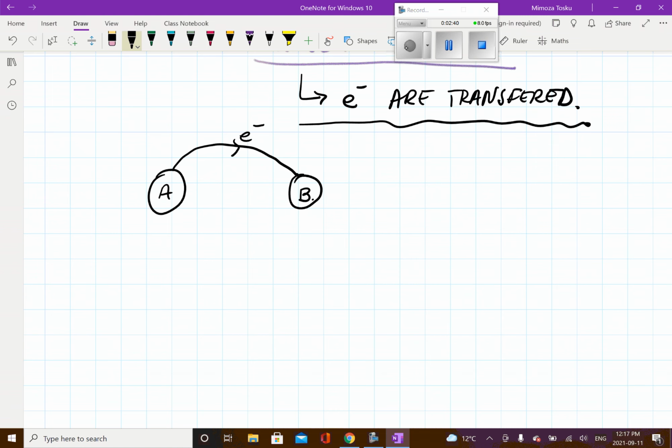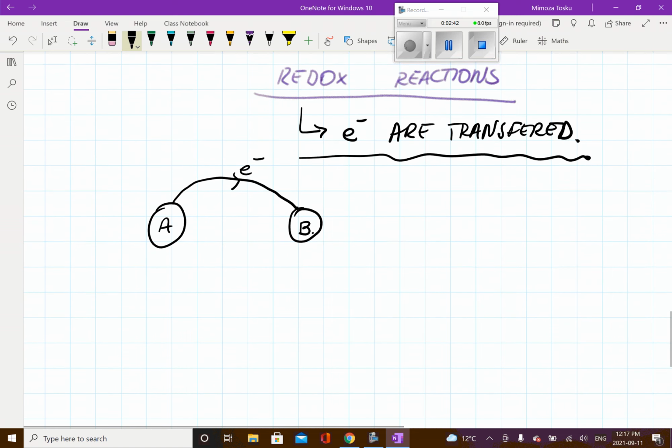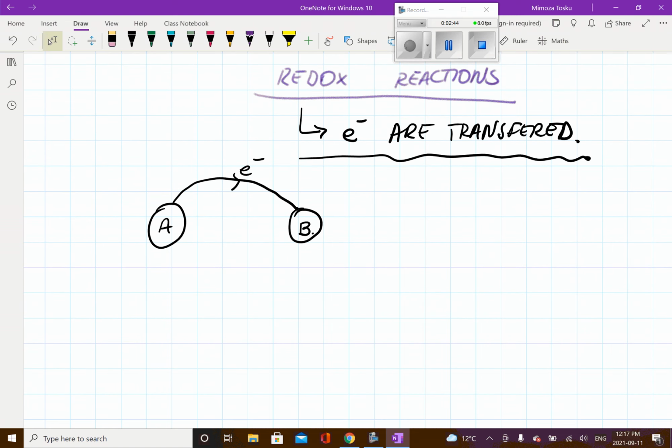We saw in the previous video that sometimes this transferring of electrons is happening spontaneously, and in some cases it is happening through the force of the battery that is pulling the electrons.